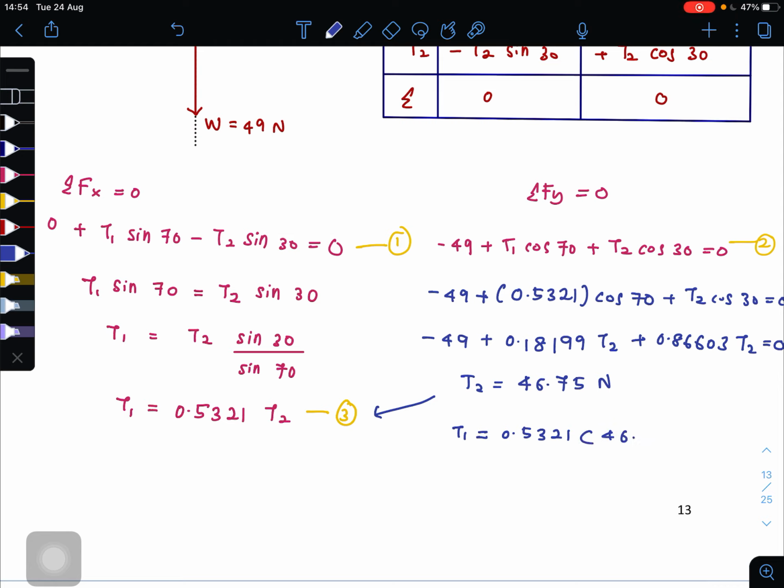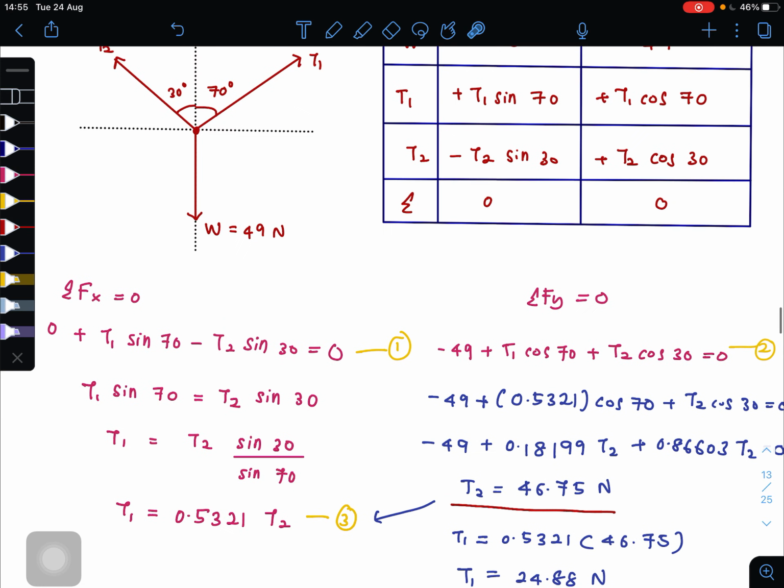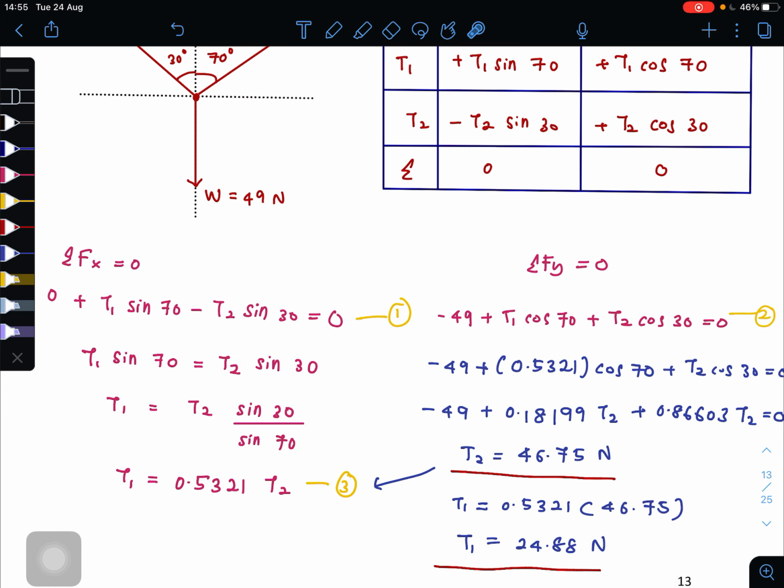Substitute, and then you will get T1 is equal to 24.88 Newton. So these two are the final answer. Since we are given the angle, there is no need to find the angle already.